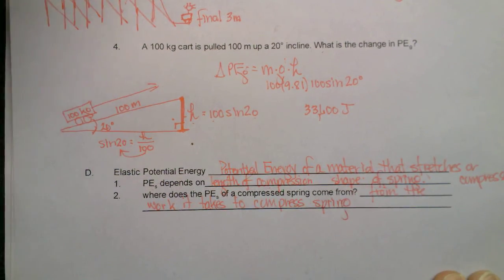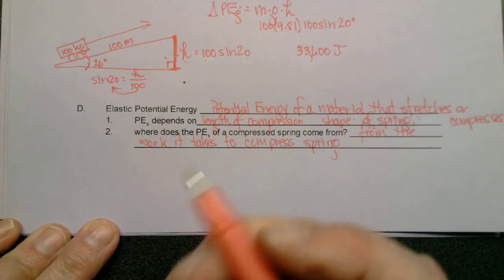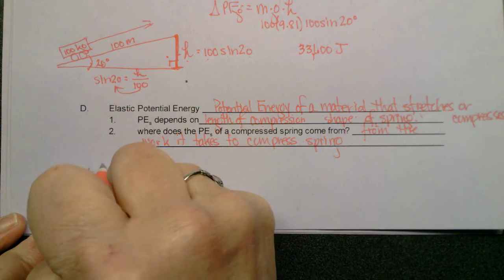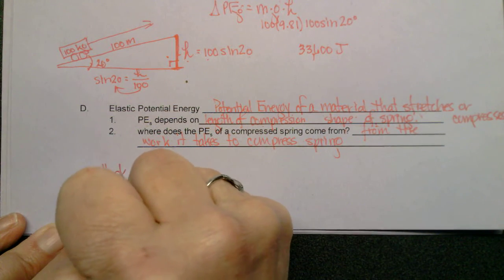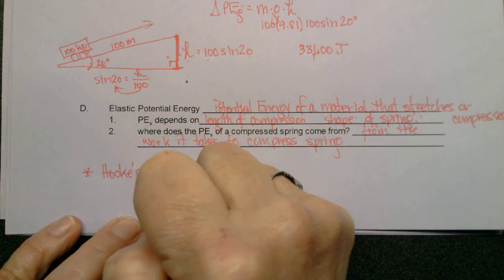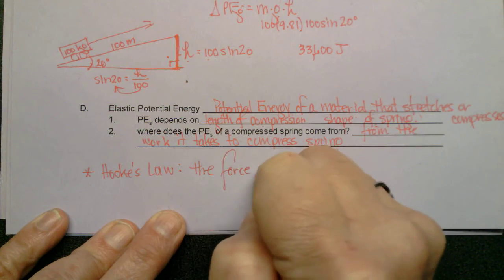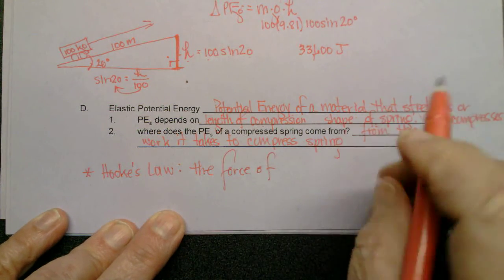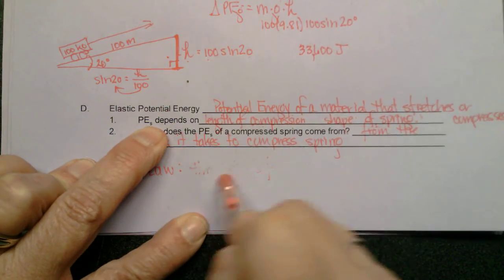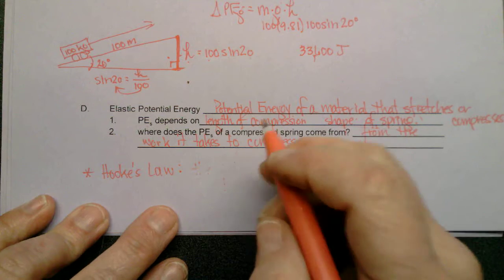And what I'd like you to do is at the very bottom, I don't know why I didn't make a whole big deal about this, because it really is a big deal. This is all based on Hooke's law, which says the force of compression. No, you know what? I'm going to give it to you more scholarly. That was going to be my wording for it, but I like the scholarly wording of it.